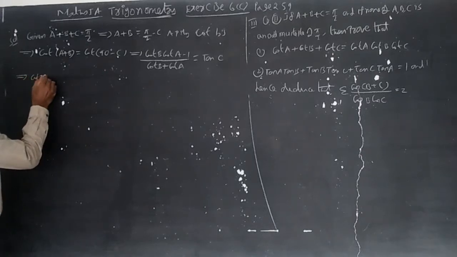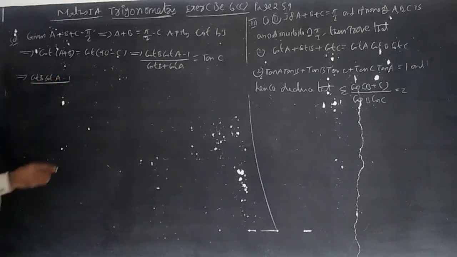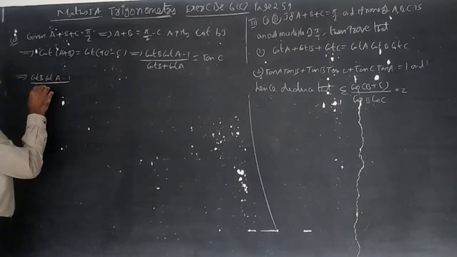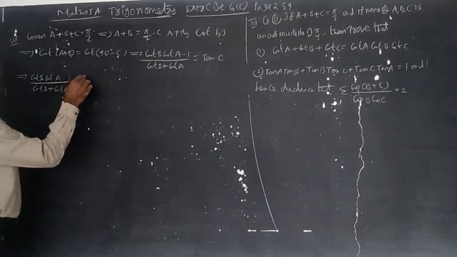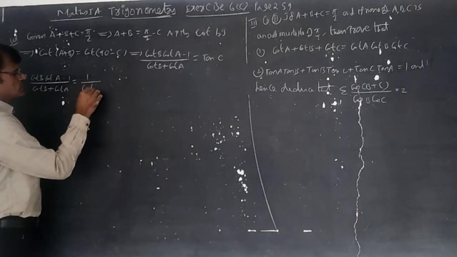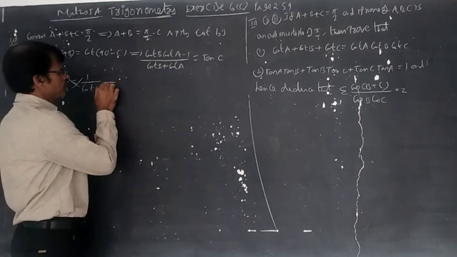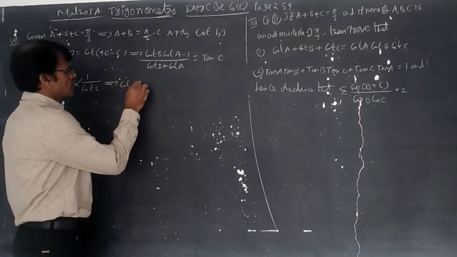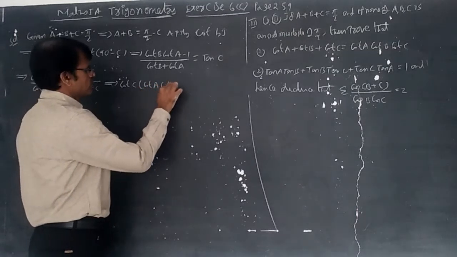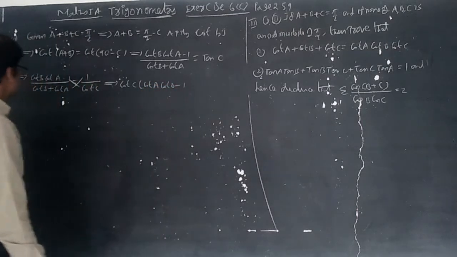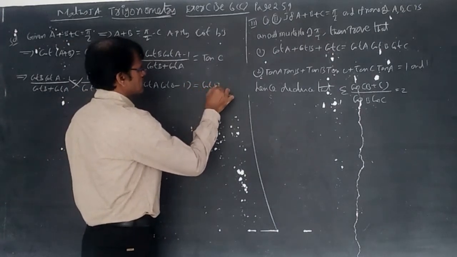Write the formula: cot b cot a minus 1 whole by cot b plus cot a is equal to 1 by cot c. Take cross multiplication. So cot c into cot a cot b minus 1 is equal to cot b plus cot a.